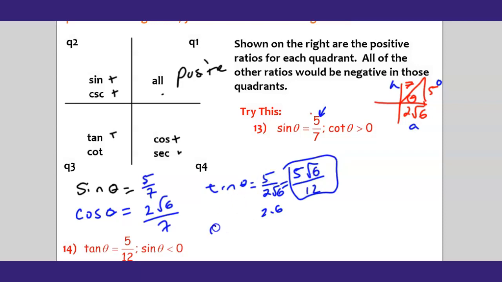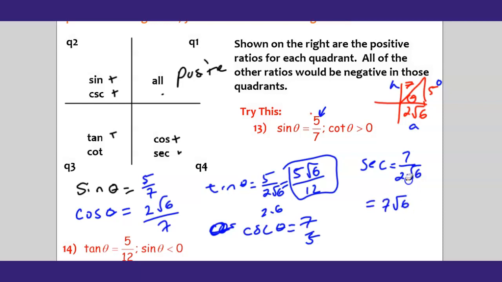Cotangent, well, here, cosecant. Cosecant is the inverse of sine, so 7 over 5. Secant is the inverse of cosine, so 7 over 2 radical 6, which again, move the radical to the top, and then multiply the two numbers at the bottom.